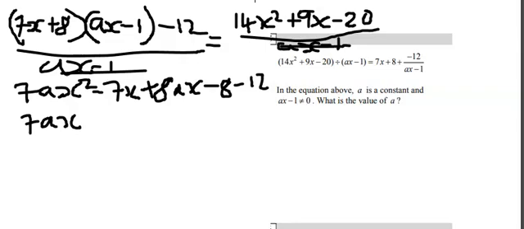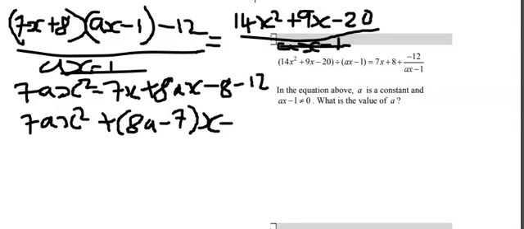Group all the x terms together: 7ax squared, plus, open the bracket, 8a minus 7, close the bracket, x. Do you understand that? Then minus 8 minus 12 gives us minus 20. Are you there?